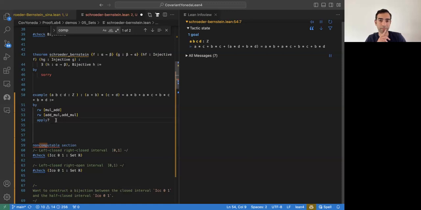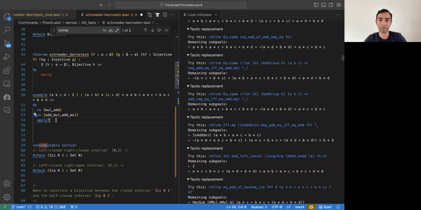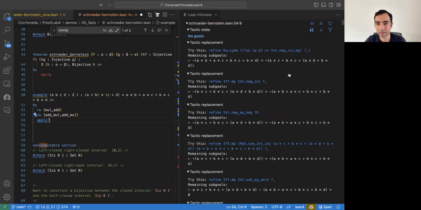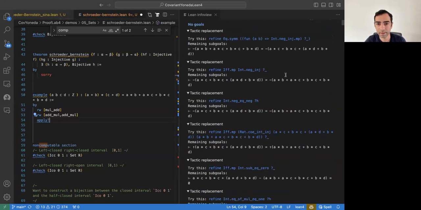Hey, it's taking its time. Okay, let's go to the top of the list and see. So it's suggesting that I can use symmetry of equality. That's not particularly helpful, I think. This really negates both sides to me, it seems.